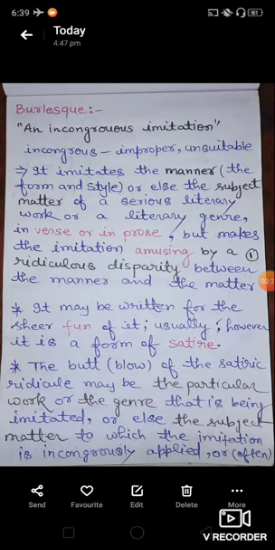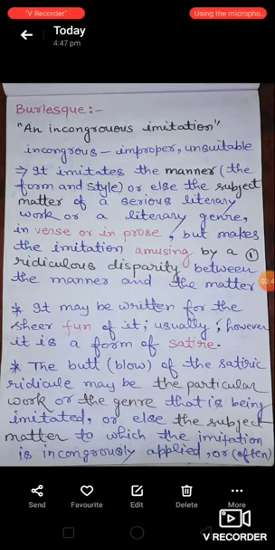So either style or content of a serious literary work or a literary genre. Mind it, these are two different things. Work or genre. A genre is a class, is a common noun. Okay? And literary work is one of that, is a proper noun.